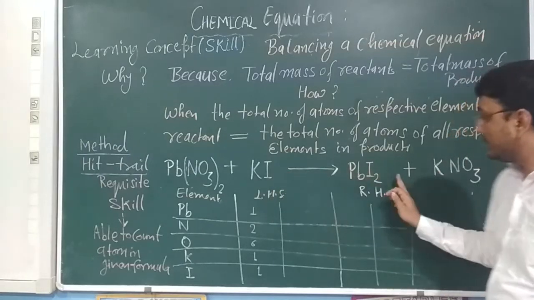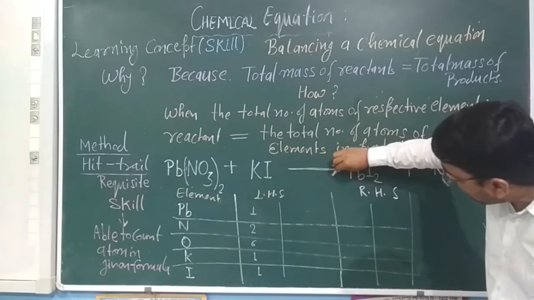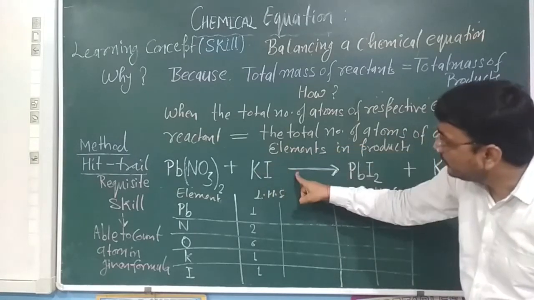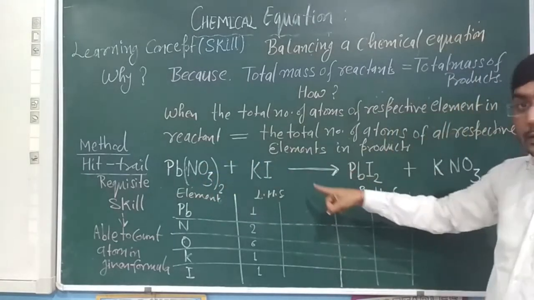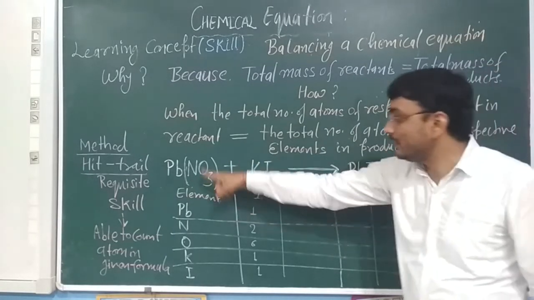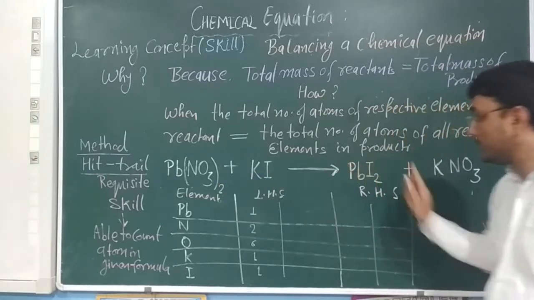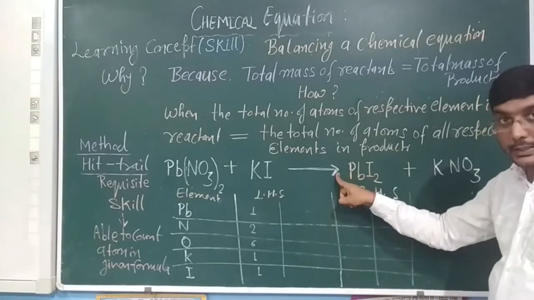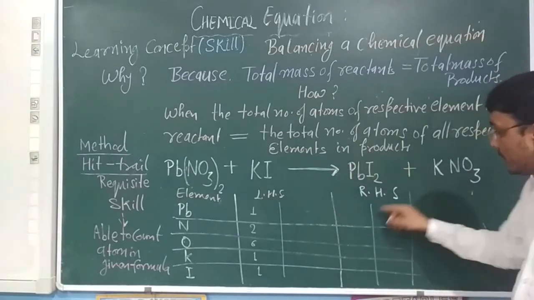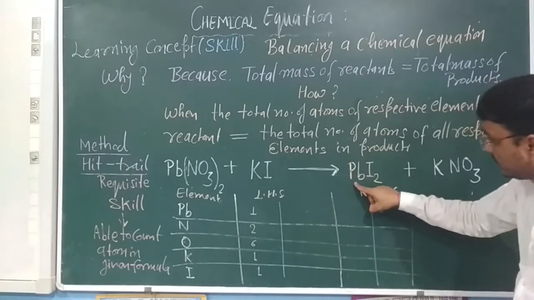This is the reactant and this is the product. As you know very well, the compounds written before the arrow, that is the reactants, and after the arrow, towards the head side, that is the products. So let us count.